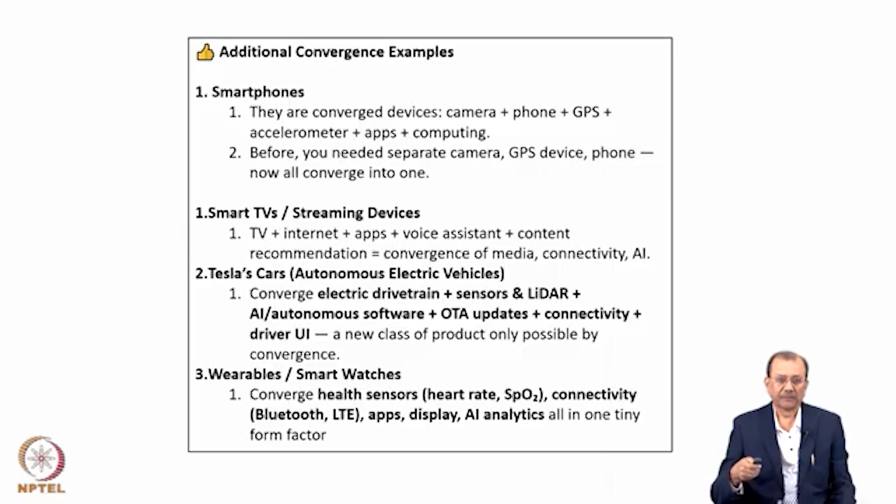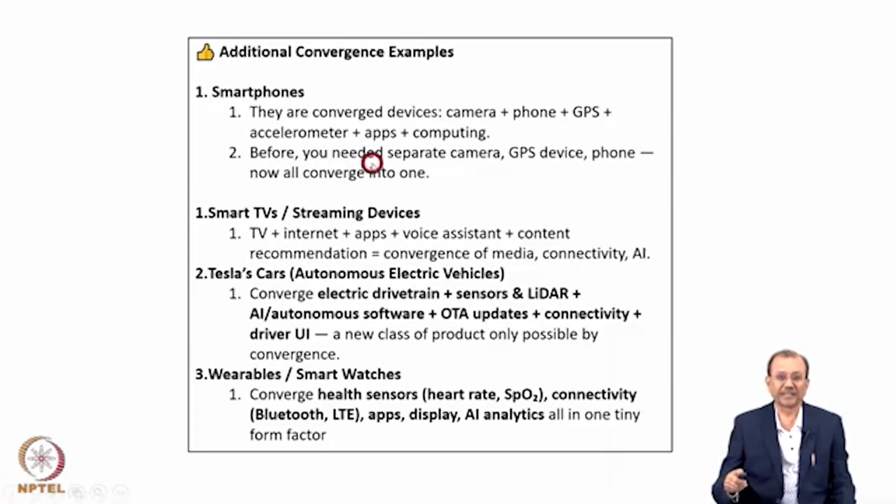There are multiple other examples of convergence, like our smartphone. A smartphone is a converged device because it has a camera on one side, phone and communication facilities, location through GPS, and it also finds out the temperature, sometimes humidity also, and it is also used as a computer for computing.